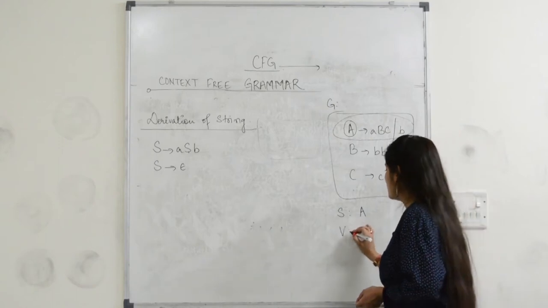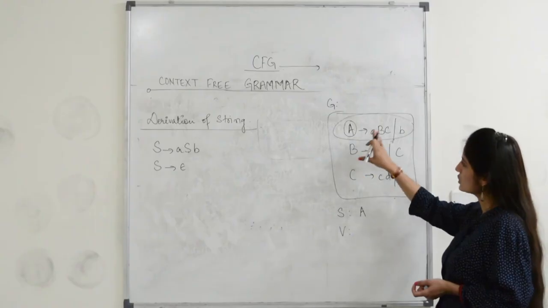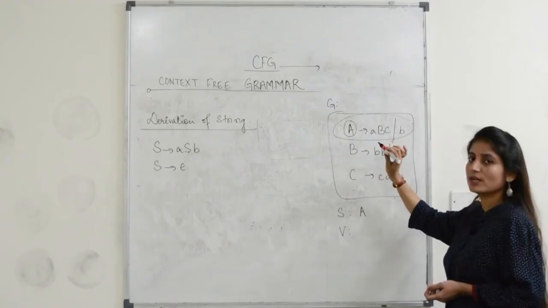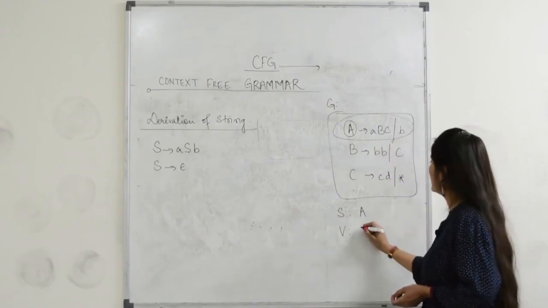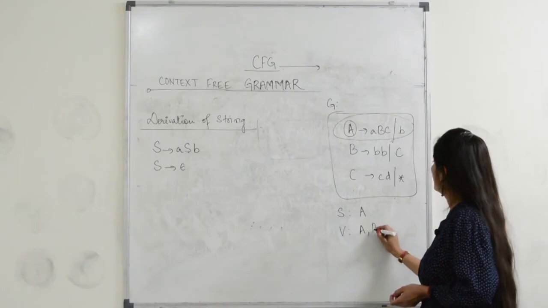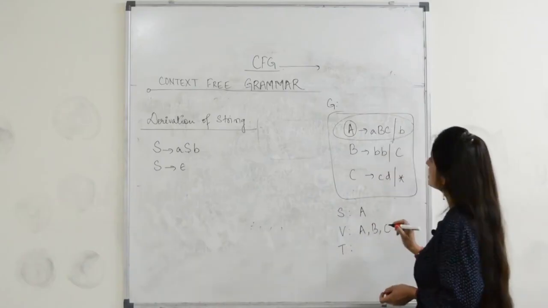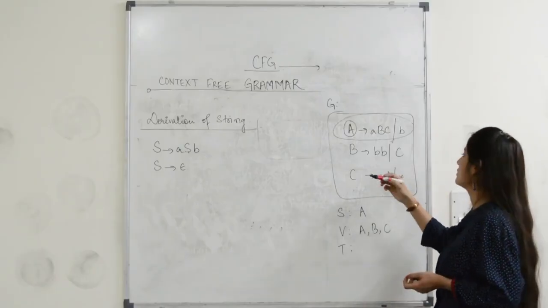Coming to the set of variables, they are represented by capital symbols. So just look out all the variables that are present here, that is the set of capital alphabets. So we have A, we have B, we have C. Then coming to terminals, the set of terminals are digits, small alphabets and special symbols.